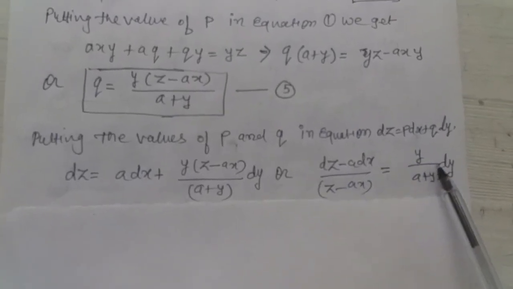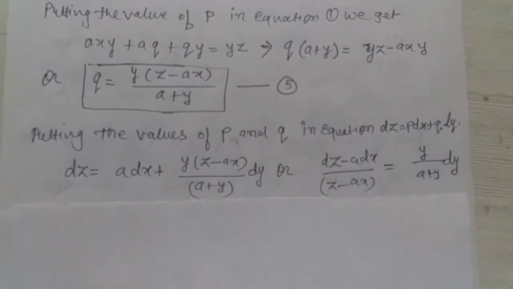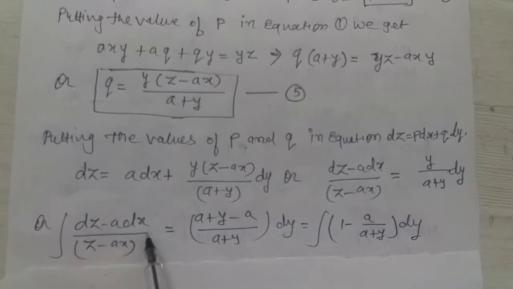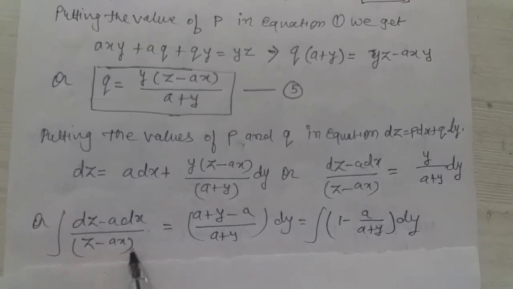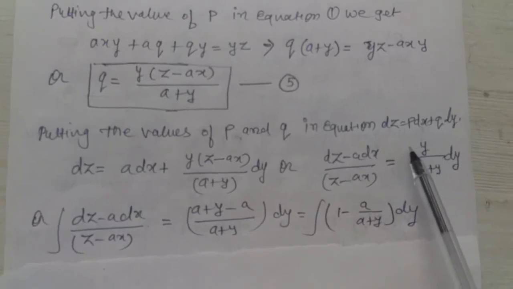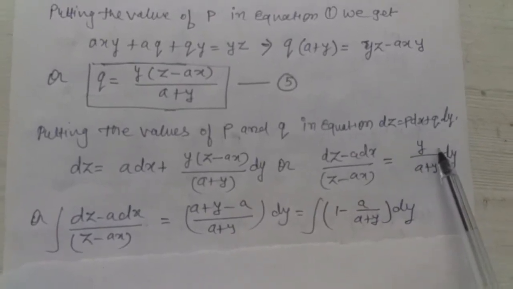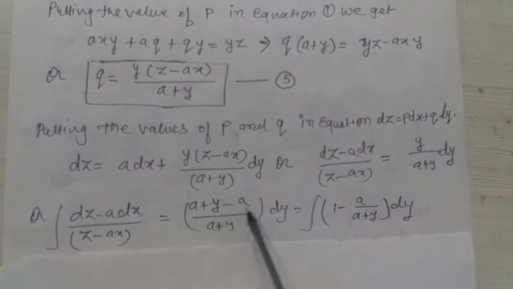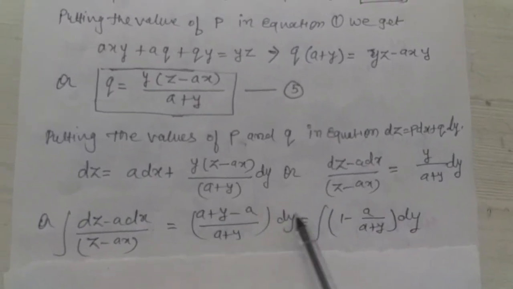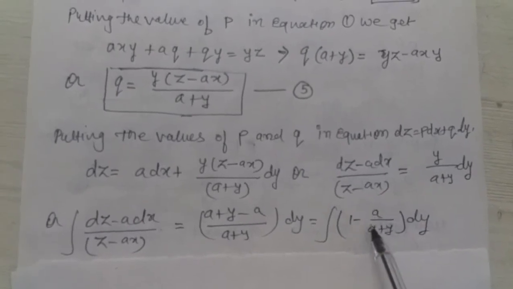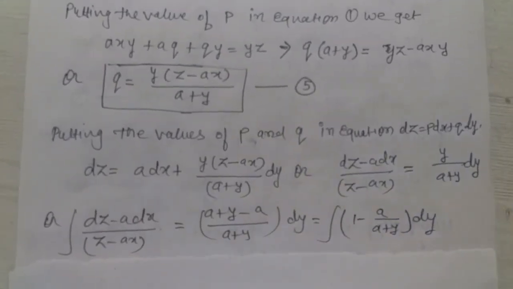So the variables are separated. Now integrate. We add a and subtract a, and then taking the LCM, we get 1 minus a upon a plus y dy.